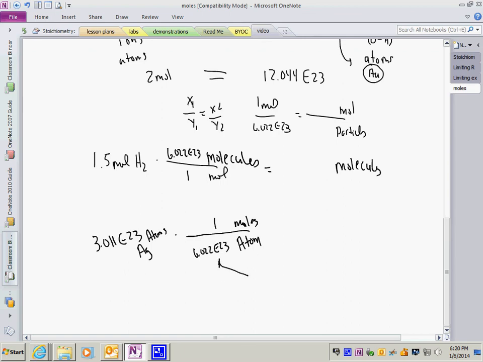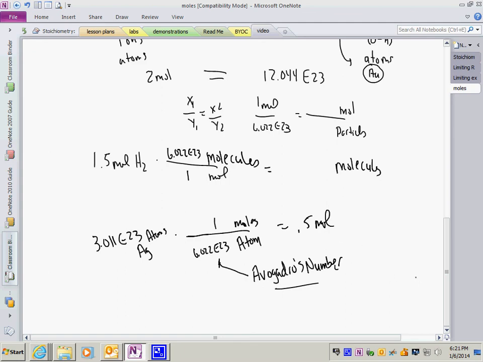This particular value, this ratio, has a name. It's called Avogadro's number. Sometimes you'll hear someone refer to Avogadro's number, and they're referring to this value right here. Divide it out, and the actual mathematics is 0.5 moles.